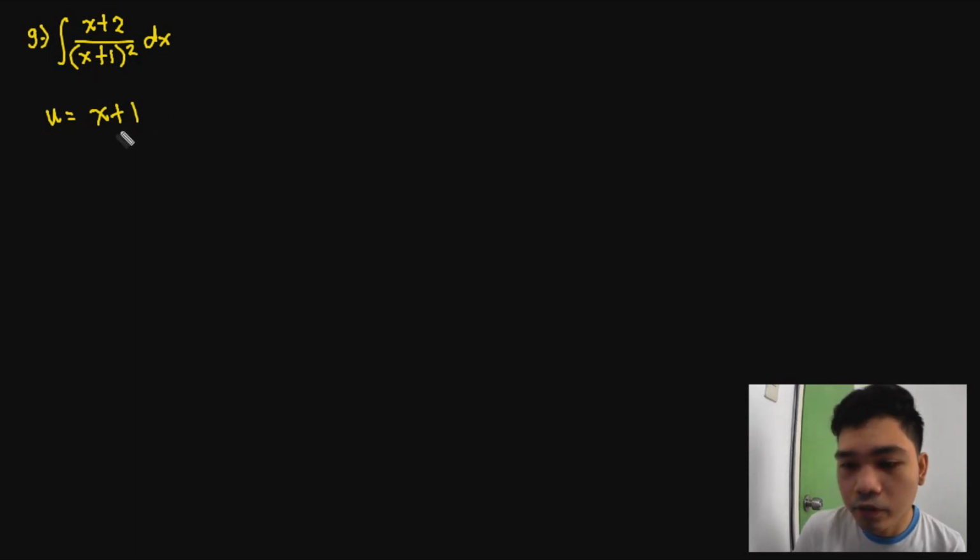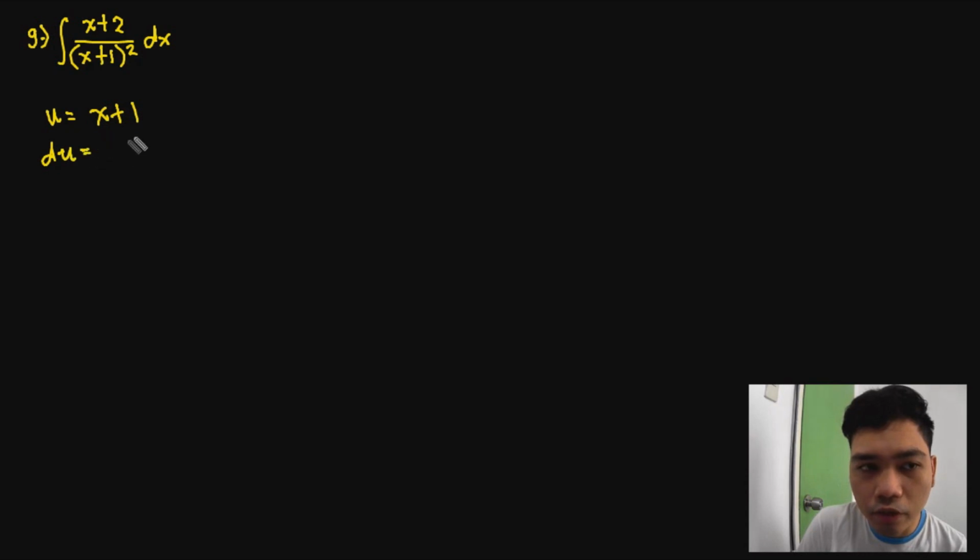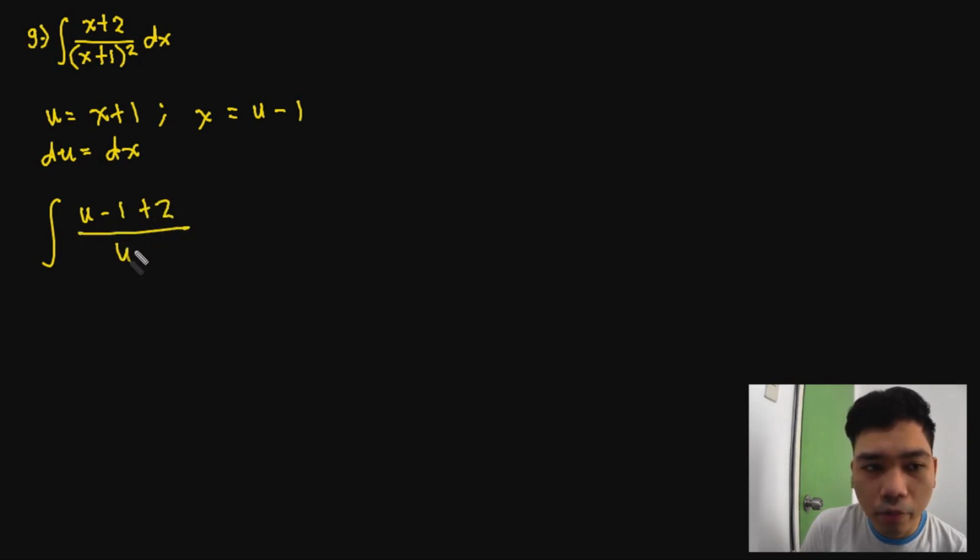So we can now proceed with differentiation. So this becomes du equal to dx. Okay, and then if you want to find x from this expression, what we have here is x is equal to u minus 1. Okay, now if we try to substitute all of these to the original equation, then we'll have the integral of u minus 1 plus 2 divided by u squared, and then of course du.